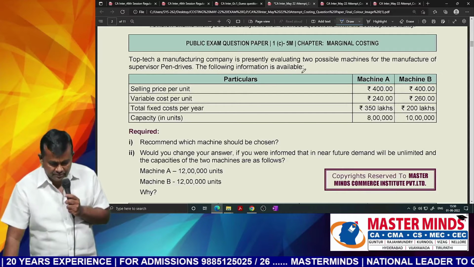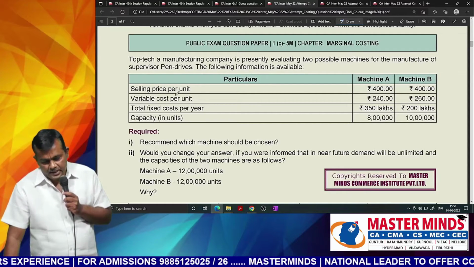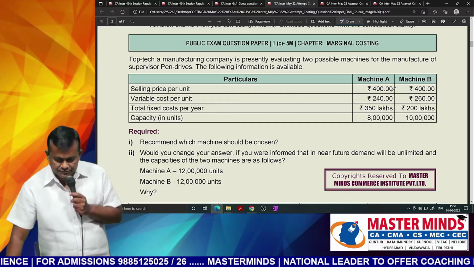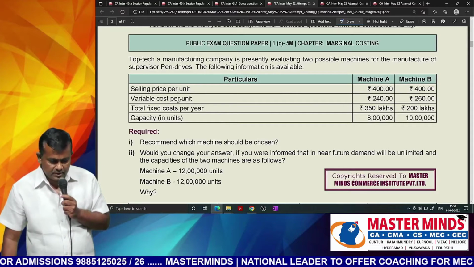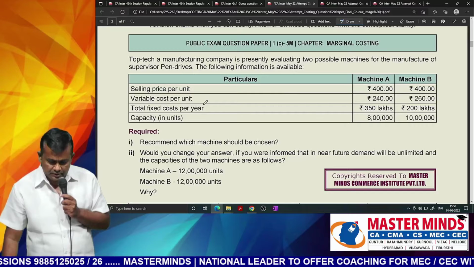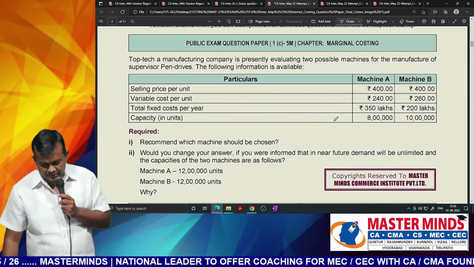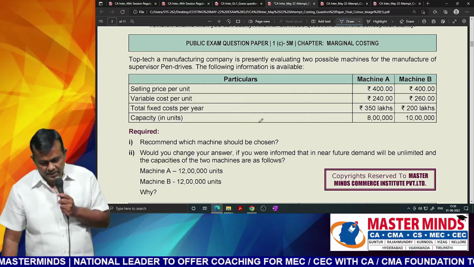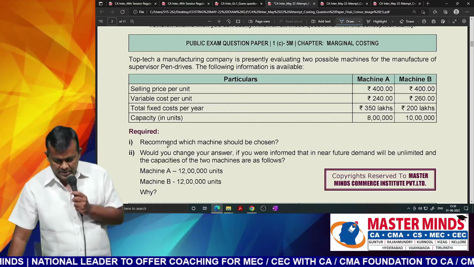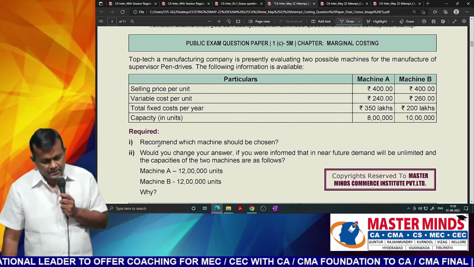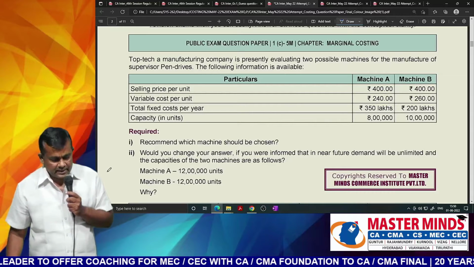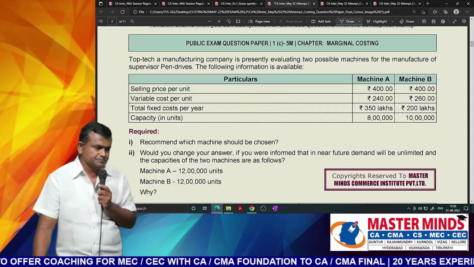The following information is available. Selling price per unit: machine A 400, machine B 400. Variable cost per unit: machine A 240, machine B 260. Total fixed cost per year: 350 lakhs, 200 lakhs. Capacity of machine A 8 lakhs, capacity of machine B 10 lakhs. So recommend which machine should be chosen.